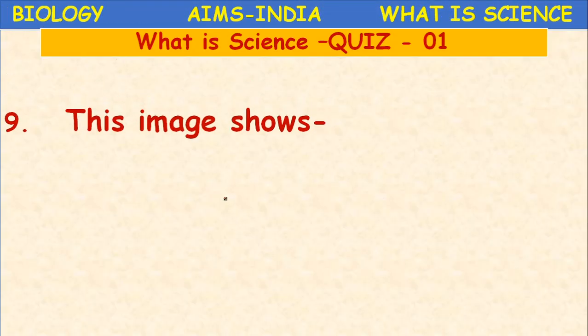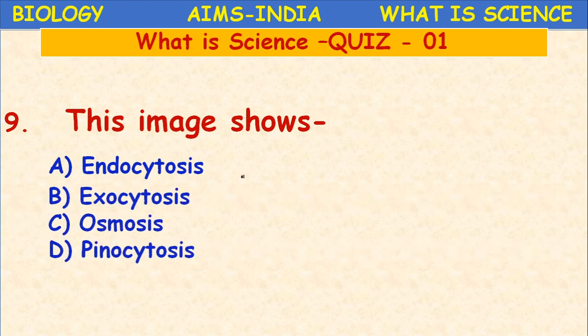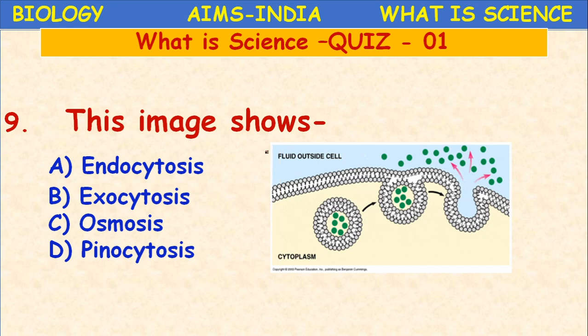Next, this image shows... the image is given here. This image shows endocytosis, exocytosis, osmosis, pinocytosis. So we need to recall the definitions. Endocytosis, pinocytosis, exocytosis, osmosis.